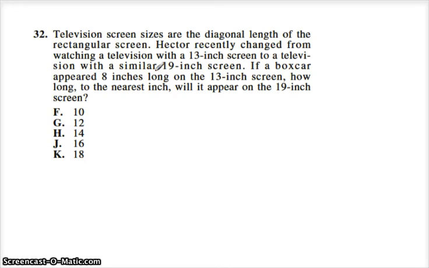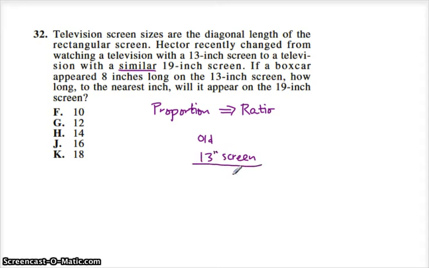Now the fact that these two TVs are similar means that we can use this idea of proportion. And proportion means that we can set up essentially a ratio that relates one object to the other. So we know that our old TV had a 13-inch screen, and that if you were watching TV on that 13-inch screen, a boxcar, in this case, appeared as 8 inches long.